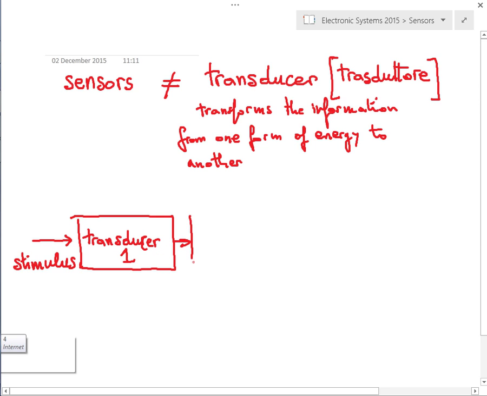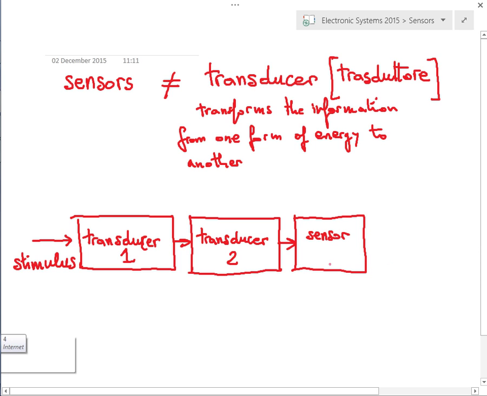Then we have a transducer 2, which can again transform the information in another form, and then we have a sensor here which transforms from the final form in an electric signal.